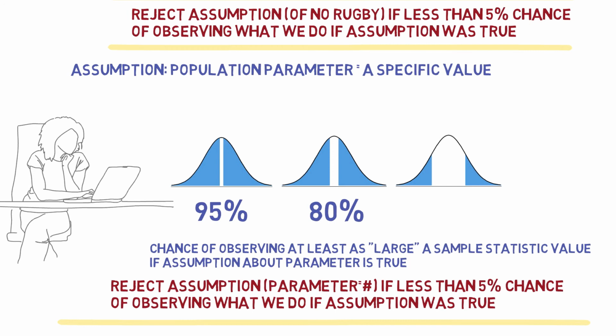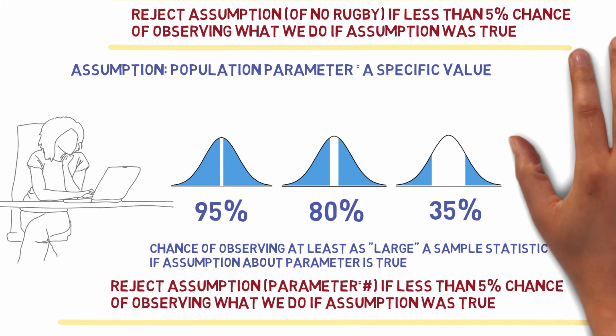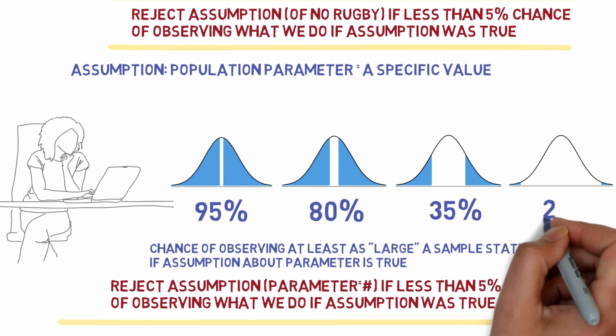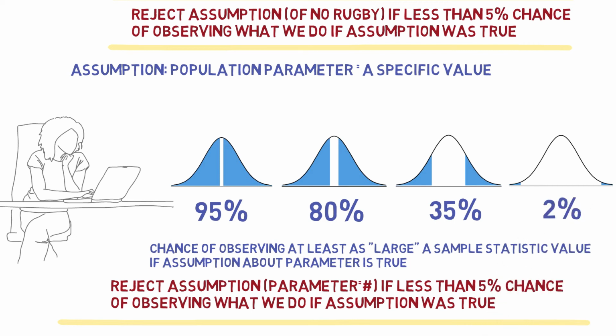Well, that's going to be less likely to occur if the population parameter is actually equal to its assumed value. Maybe in that case, it's 35%. And consider a fourth sample where our sample statistic is even further away from the hypothesized value for the population parameter. In this case, we might calculate that that would only happen with 2% likelihood, 2% of the time, if our null hypothesis is true.